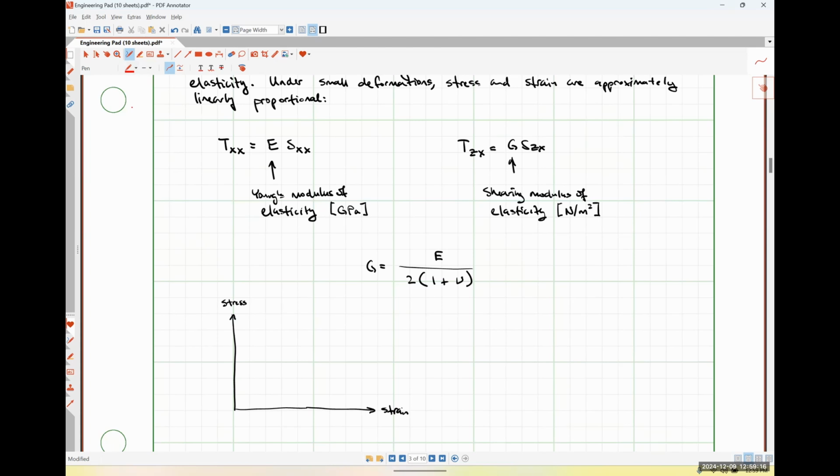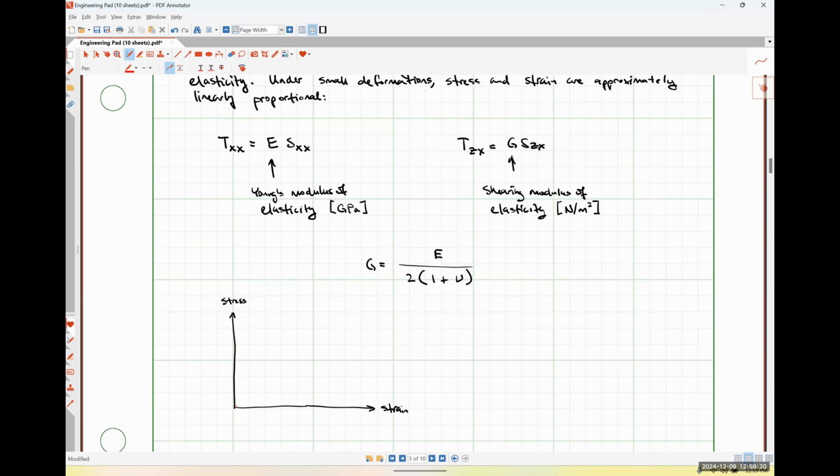Okay, and this is for a generic material. So we should expect to see a linear increase when the strain is low, which we've already kind of mentioned.